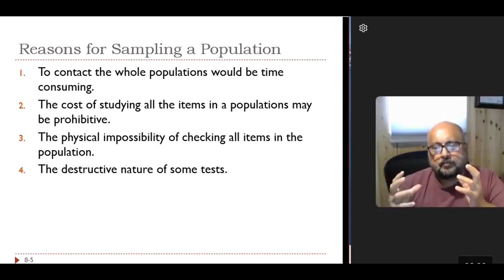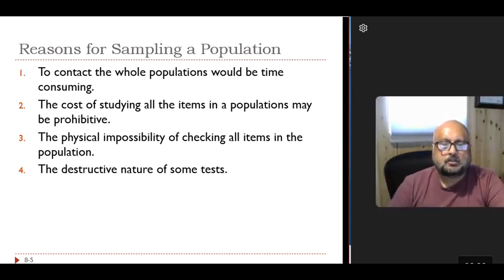Sometimes the items in the population are so many that it's practically impossible to observe and study everything, and sampling saves time, money, and resources. It is practically impossible to sample entire populations, considering there are a large number of items in a population.